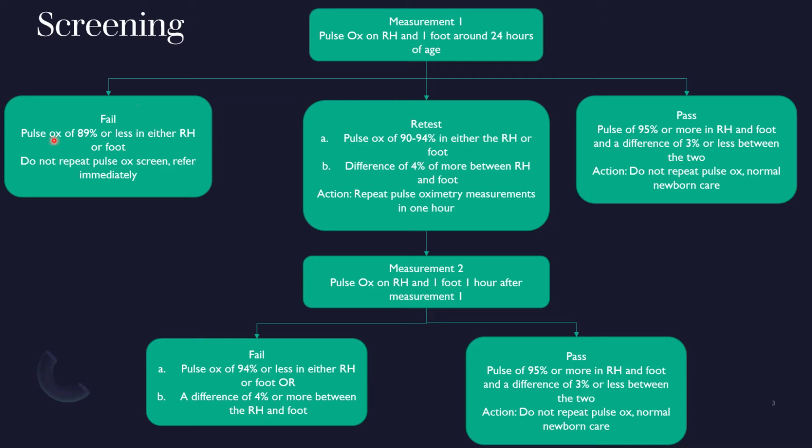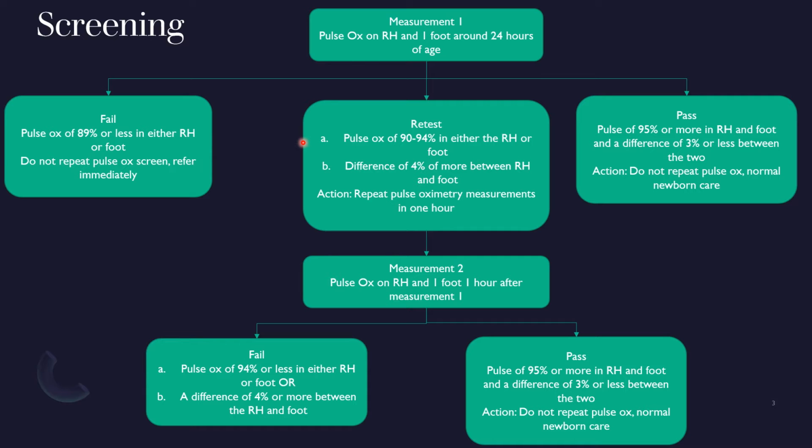They fail if the pulse ox is 89% or less in either the right hand or foot. Do not repeat the screen and refer to NICU or cardiology immediately. In between is the criteria for retesting.